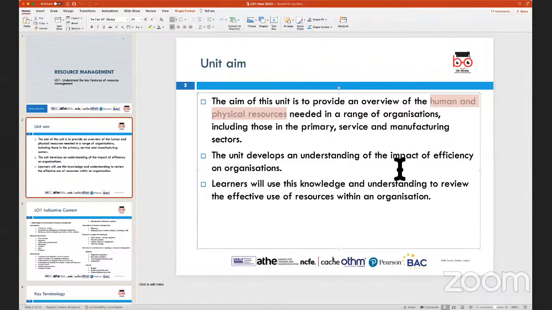And then the idea is to understand how the management part develops when they know they have resources. Money is also a resource, a financial resource.